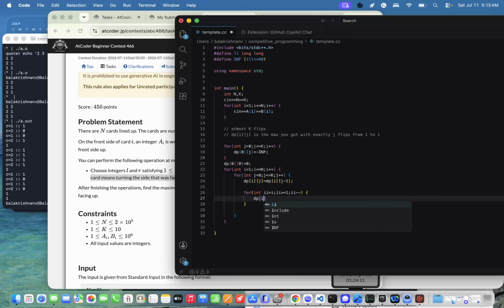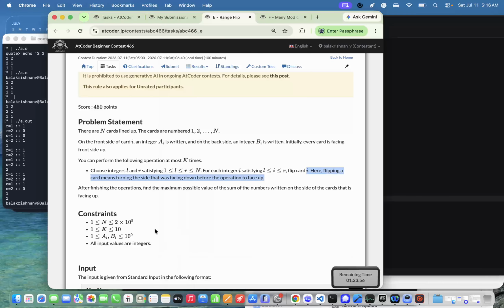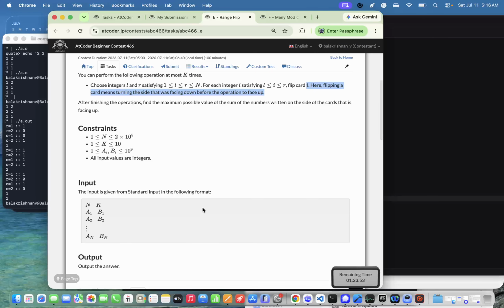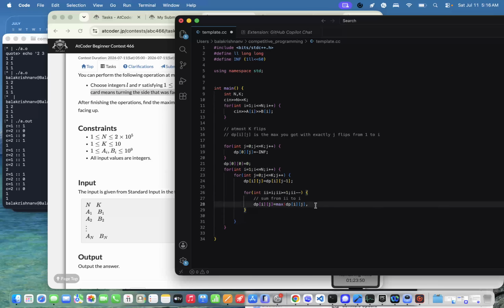dp of i j is equal to max of dp of i j, comma, so it's the sum from i to i. So that's going to be the difference, diff of i minus diff of i, or we call it prefix sum of i minus prefix sum of i minus 1 plus dp of i minus 1, j minus 1.